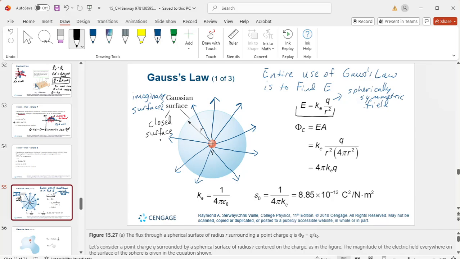So now the entire point is this. I want to calculate the flux through the Gaussian surface.